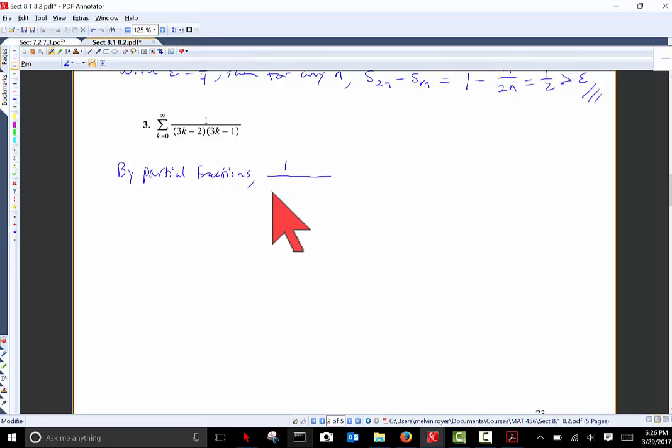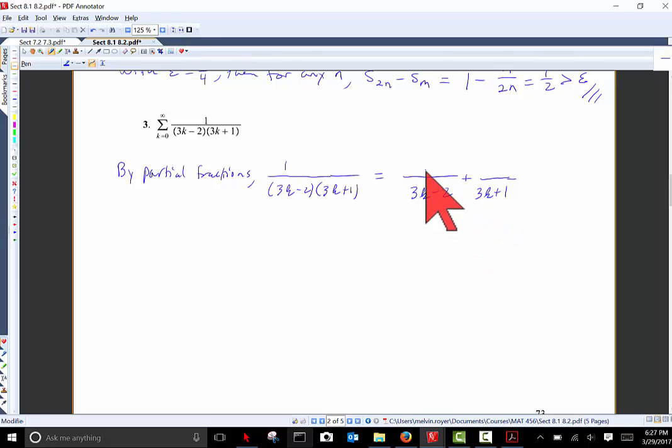So this expression, 1 over 3k minus 2 times 3k plus 1. From Calc 2 and talking about partial fractions, we know that this is equal to the sum of two terms whose denominators are 3k minus 2 and 3k plus 1.